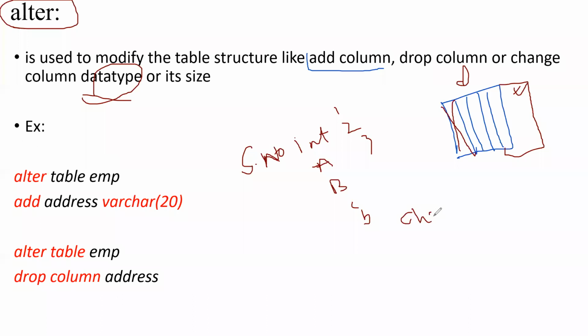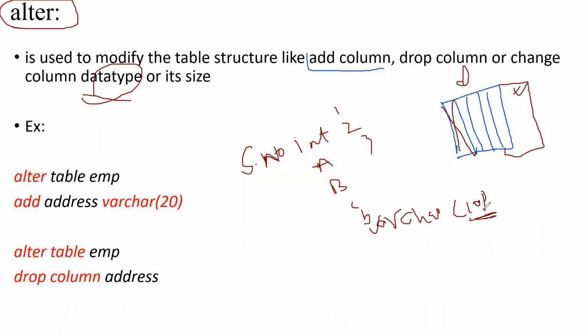For example, let me take varchar. Varchar is 10, so I assigned only 10 letters, up to 10 letters, it can accept. After that, for example, there is a name like Satyanarayan Raju, so and so, which is more than 10 letters.